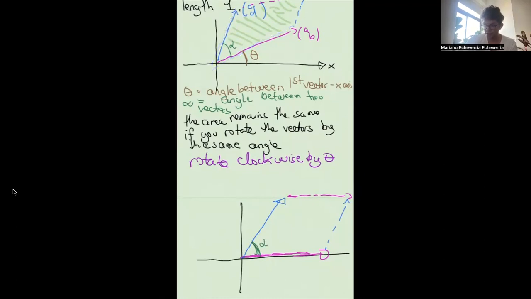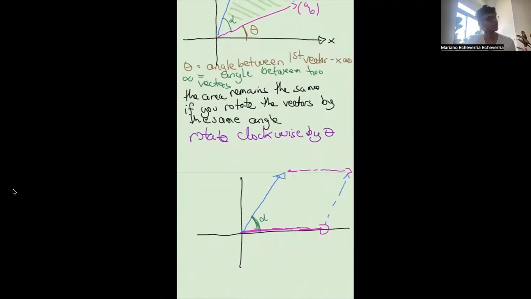And if you rotate them both by the same amount, the angle won't change between them. Is that making sense? Okay. And once you have something like that, again, this is a regular parallelogram.